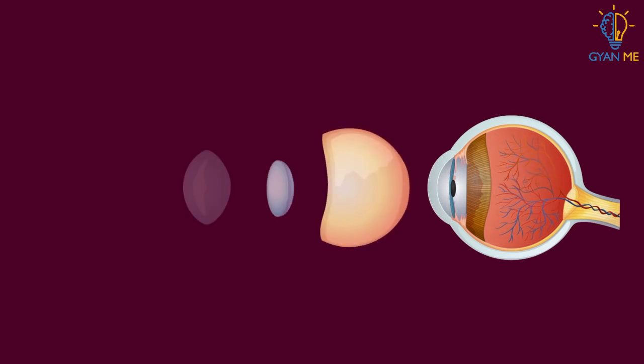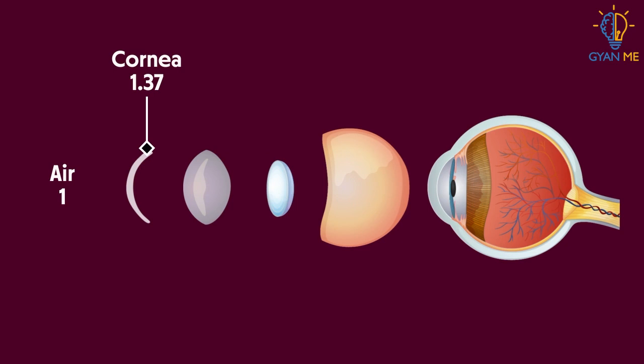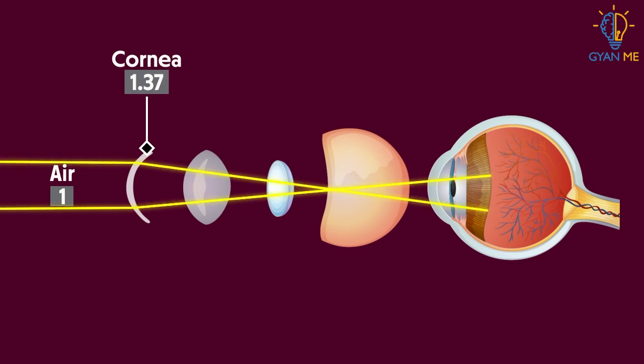If you see here, the refractive index of air is 1 and that of the cornea is 1.37, which is approximately 1.4. Can you see? There is a big difference in the refractive indices of air and cornea. As a result, light bends as it travels from the air to the eye.